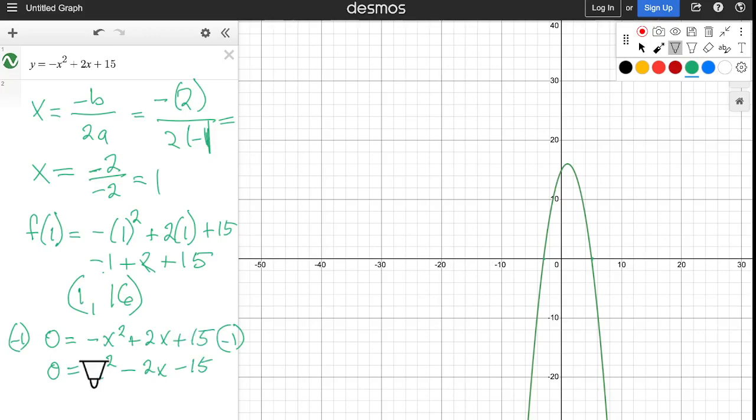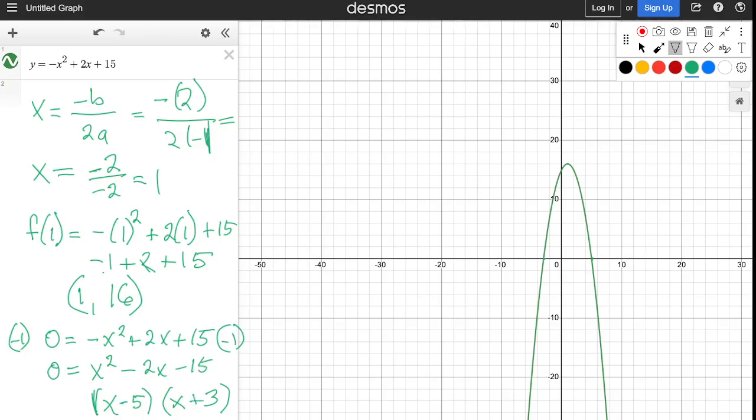And so when I go to factor this, I get my x times x. 15 is 3 times 5. Since it's a negative, it's going to be a subtraction problem. And 3 minus 5 is 2. Since the middle term is negative, I want the bigger value, the 5, to be negative.